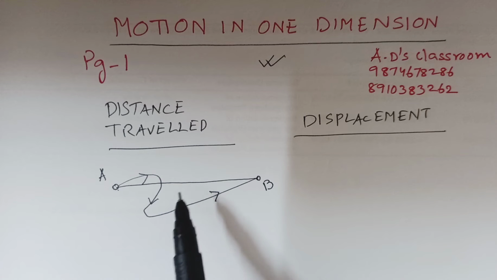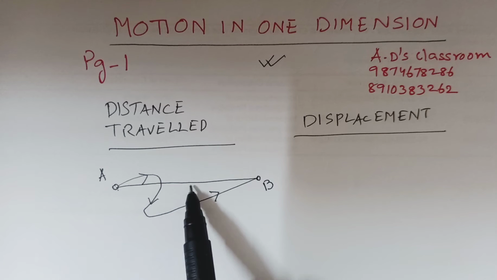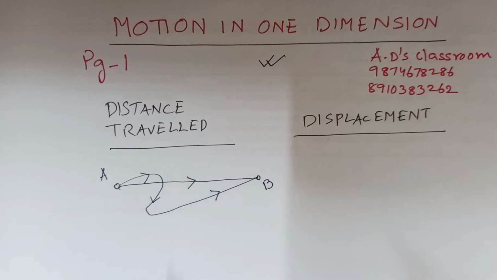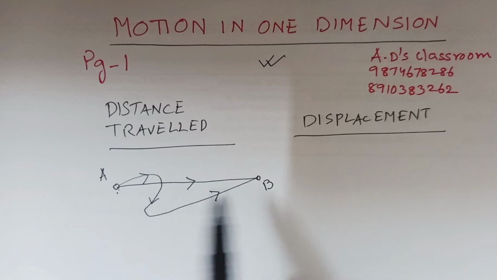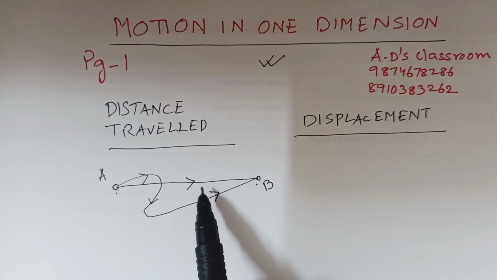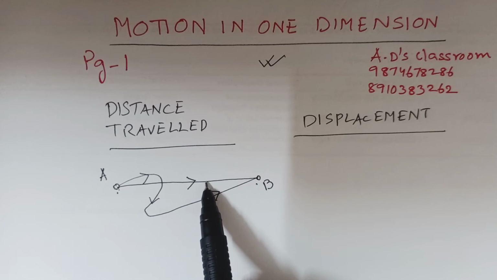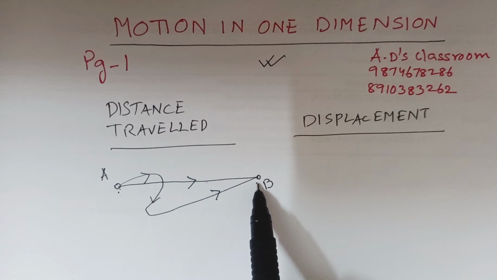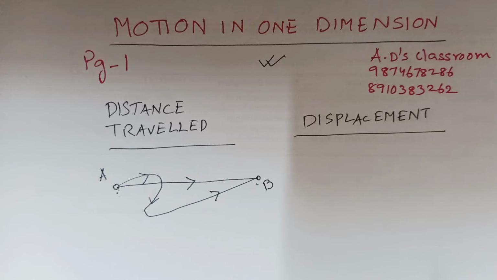So what is basically displacement? Displacement is the distance traveled by the object in a specified direction. That means from the initial point to the final point in a certain time. Or we can say displacement is the shortest distance between the initial and the final positions of a body.